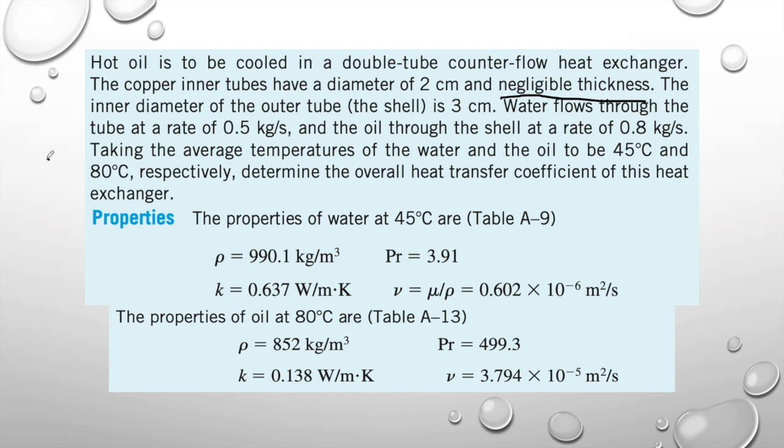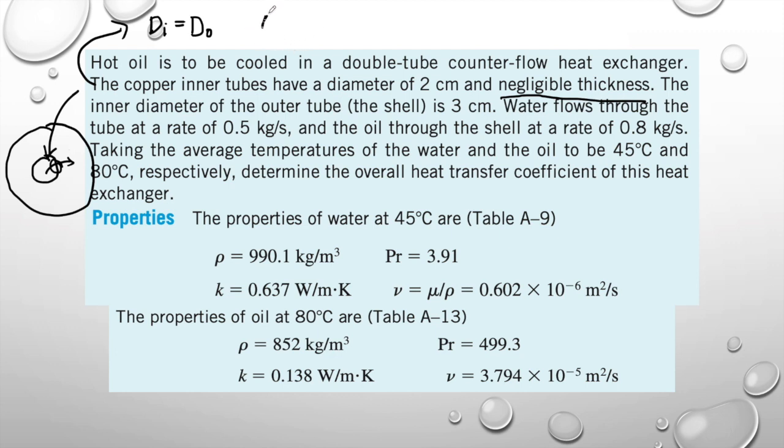It means that we have an inner tube and another tube outside, and the thickness of these tubes is negligible, so the conduction process at this point will be neglected. At this point we can say that d inner is equal to d outer, because with negligible thickness we may assume that the inner diameter is equal to the outer diameter.